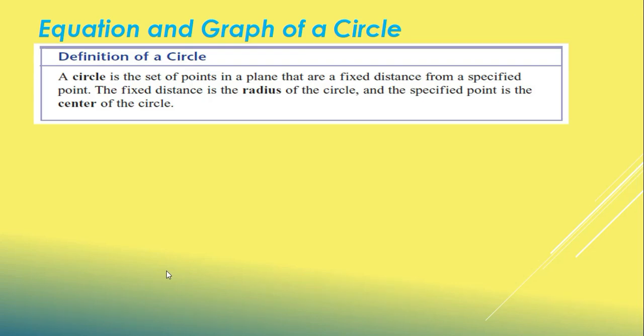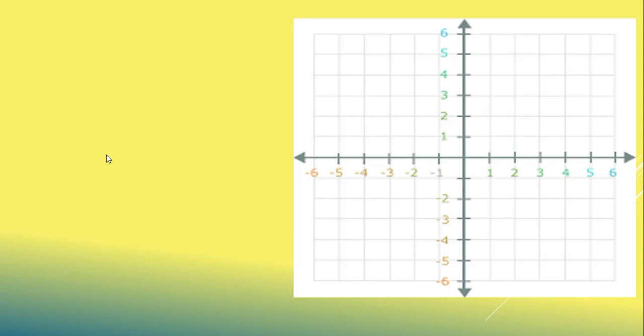The general equation of the circle is going to be written here. When I write a general equation as (x minus a) whole square plus (y minus b) whole square is equal to r square. This is the general equation of a circle, where center of the circle is this (a, b), and radius is r.